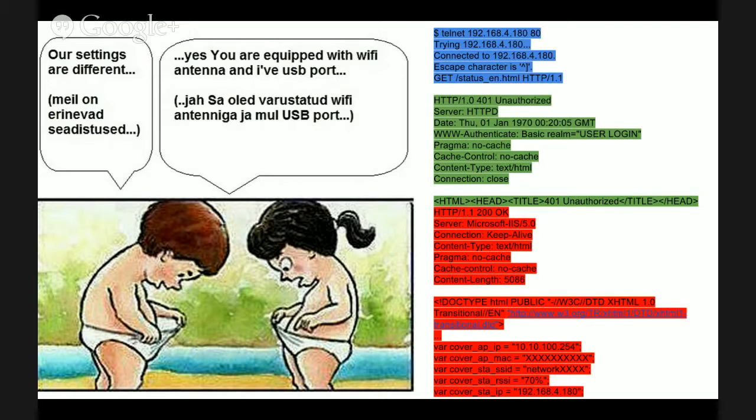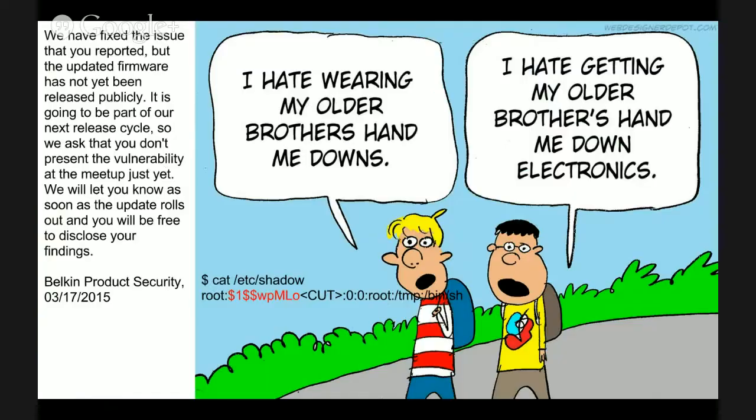So, the second vulnerability is a vulnerability in one US vendor, Belkin, and I still am not allowed to publish details of this vulnerability because I received this email from Belkin Product Security today.